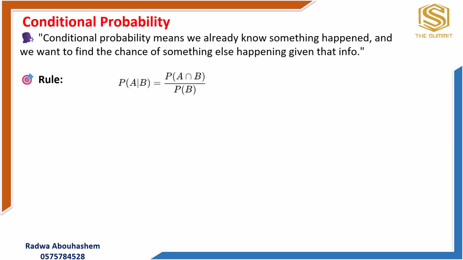The conditional probability means we already know something happened and we want to find the chance of something else happening given that information.